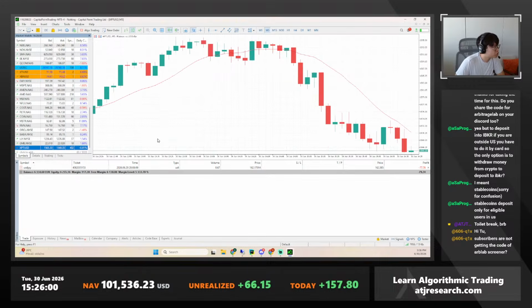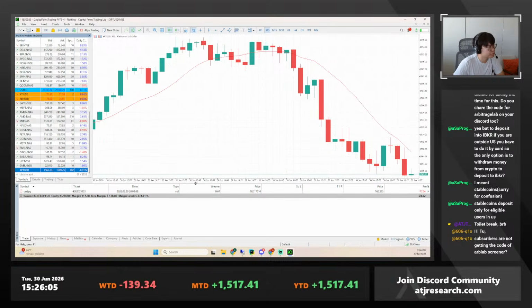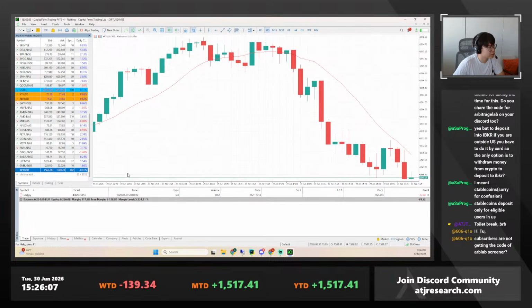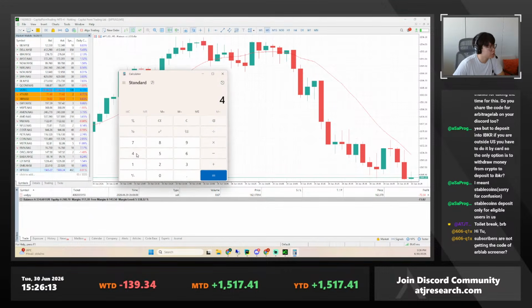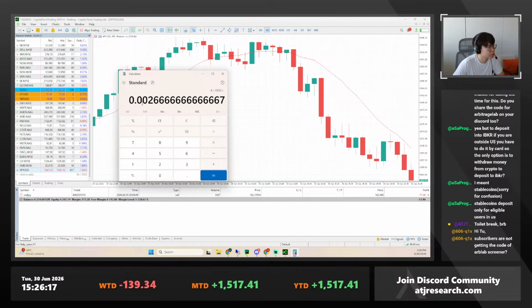Platinum costs $4 here, the bid and ask spread. So how much is that in percentages? 4 divided by 1,500. So the commission is like 0.2% basically, right? 0.002.